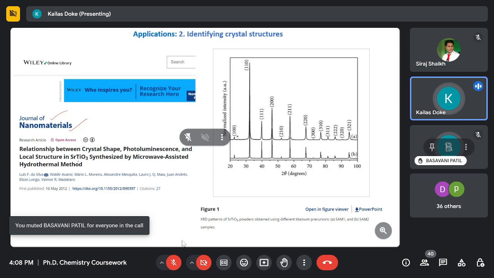They observed the diffraction pattern and analyzed each peak, and they indexed the first peak as 100, second peak as 110, third one is 111, 200, 210, 211, 220. Such types of indices are there.